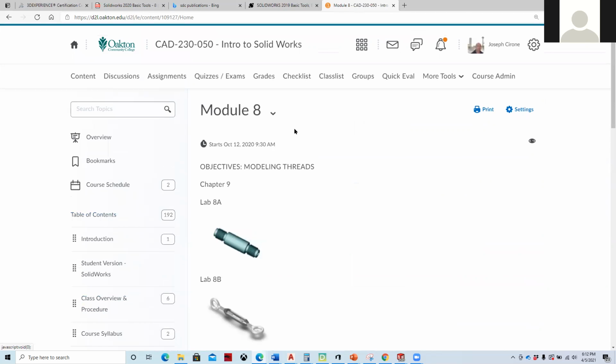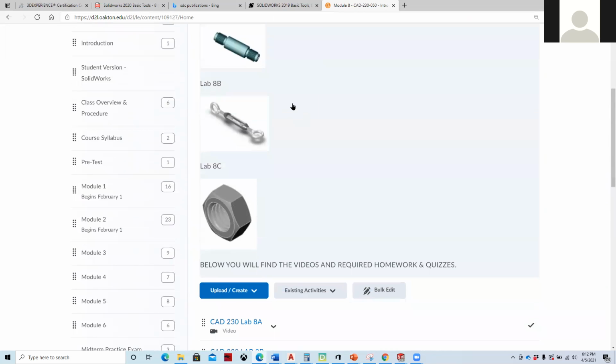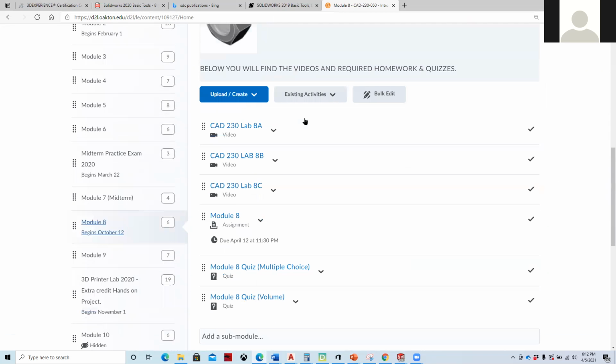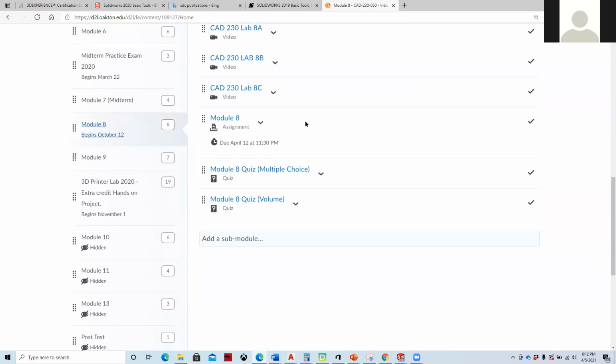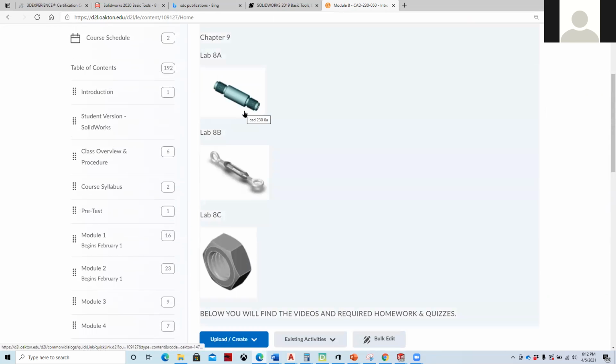But module 8 is on threaded parts. And module 8 is very well laid out. It has some really nice features that SolidWorks added recently, which I call the thread wizard. I don't know why they didn't call it the thread wizard. They call it like a thread something or other.